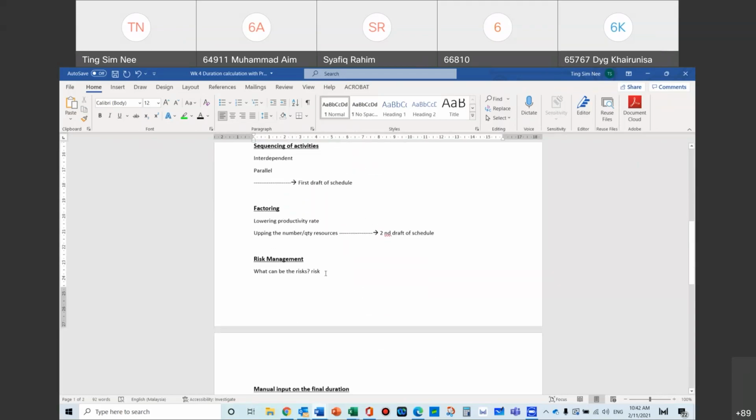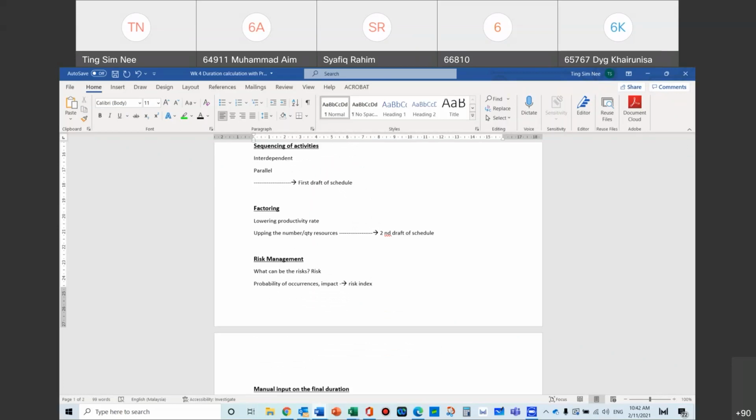So this risk management index, what are the risks, the probability of occurrences, and the impact, this will produce a risk index. And this index is like saying that if this risk is in a very red zone, what do you do about that? So there's a way of trying to increase the schedule.